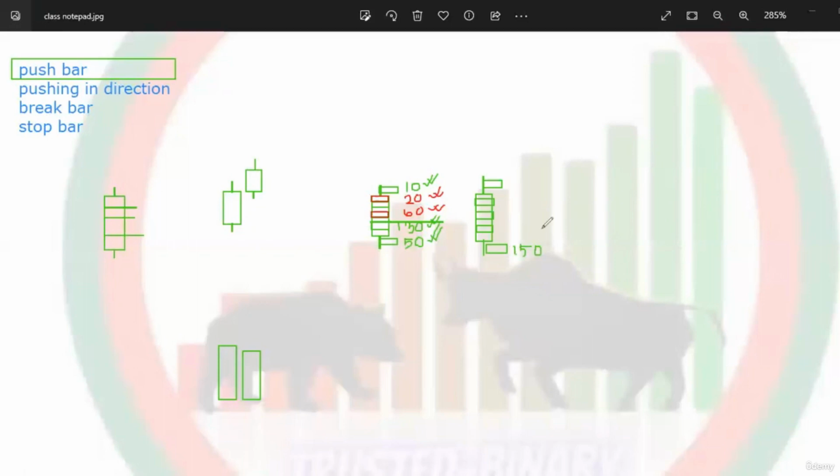Just I am trying to give you some idea. We will learn everything very properly and deeply. It's an introductory session. That's why I am trying to explain a little today. So this is the 150.